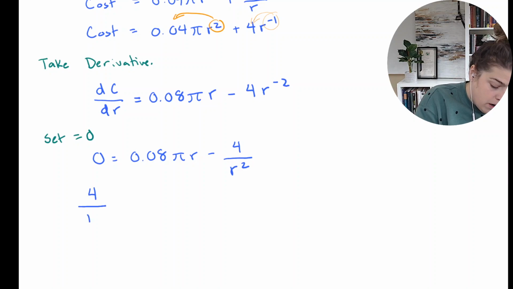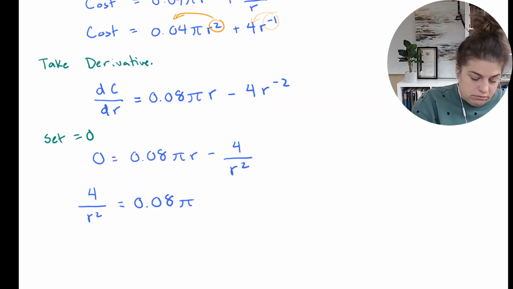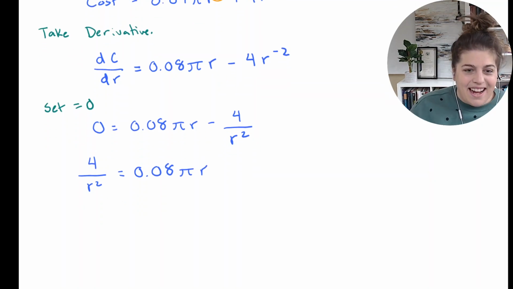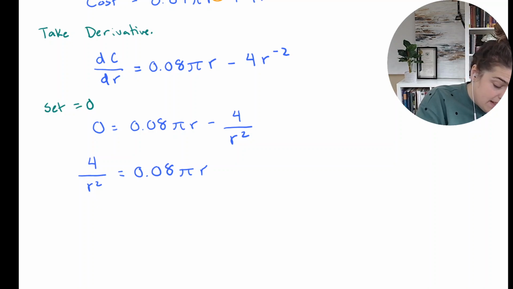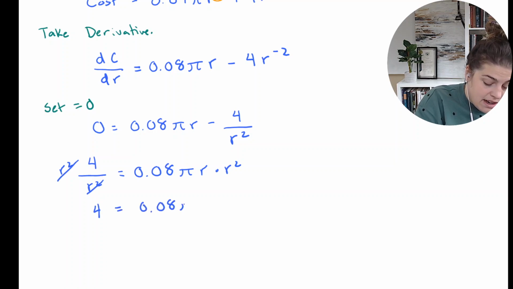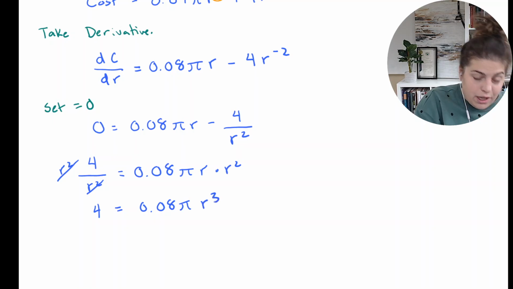I'm going to have 4r to the negative 2 is going to be positive because I moved it over. I want to get all the r's on the same side, so I'm going to multiply both sides by r squared here so that these ones cancel out, and I'm left with 4 is equal to 0.08 pi r cubed.